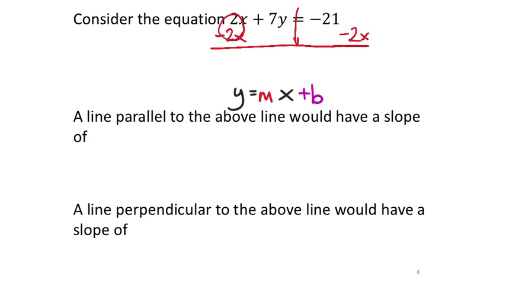The original 2x zeroes out. I now have 7y equals, and I'm going to change the order of these because you can change the order of your terms. Just remember, do not combine them. So I now have a -2x and a -21.